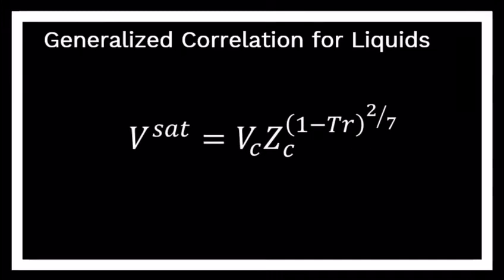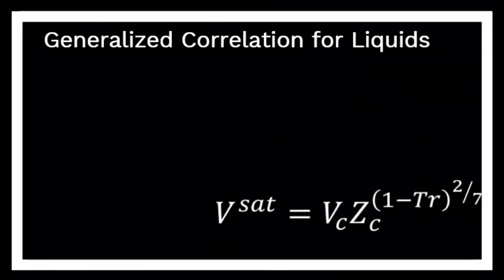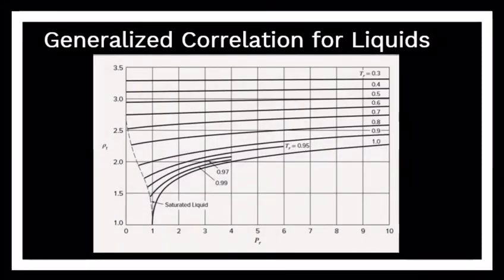Thus, we can use the equation proposed by Rackett, or the graph of the generalized density correlation by Daubert and co-workers to find the molar volume. The reduced density is equal to density over critical density, or critical volume over volume. That's all. Thank you.